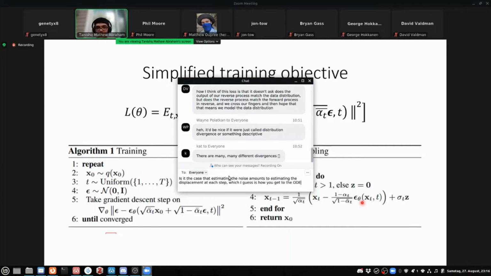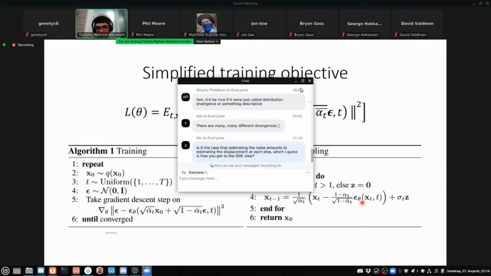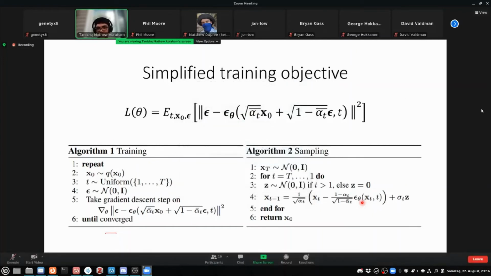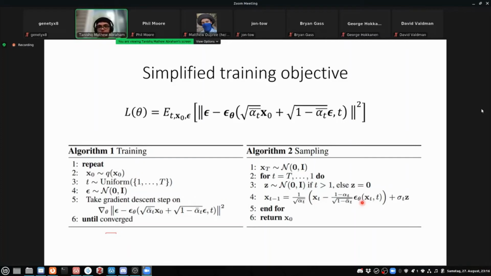We go through each step to iteratively denoise the image, for however many time steps you have, continuing to remove noise according to whatever this neural network is predicting, to get a fully denoised image, which is a sample from your estimated data distribution. Does that make sense?